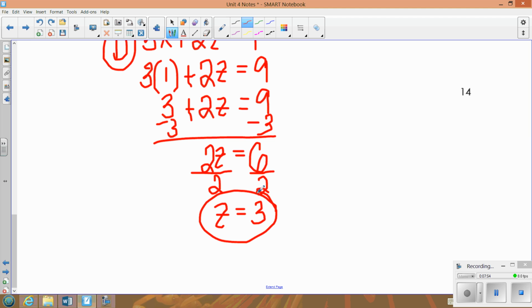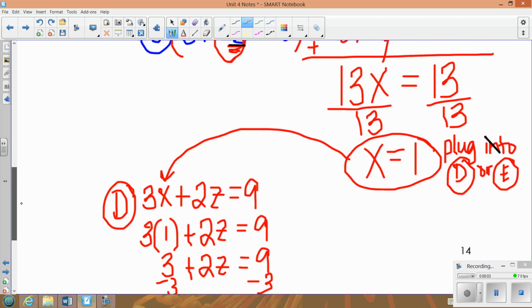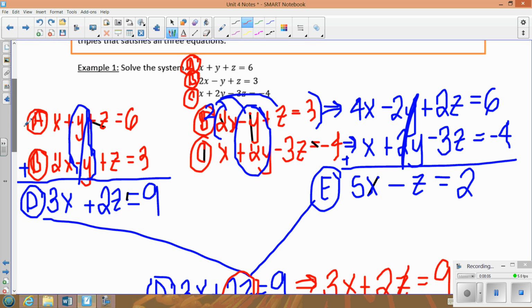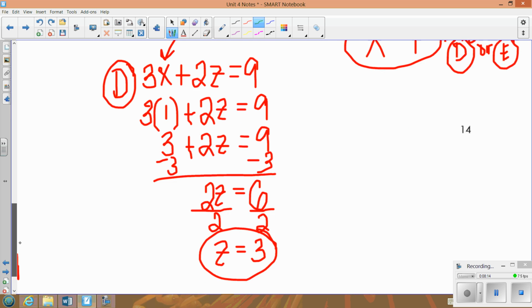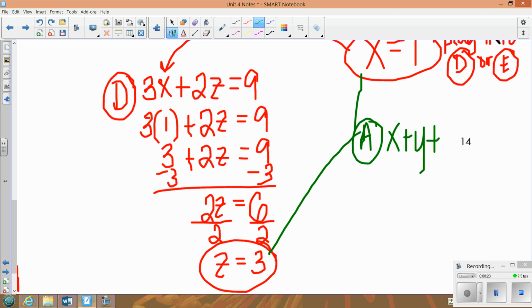Now that I have z equals 3 and x equals 1, I'm almost done because I can now figure out what y is since I know x and z. So I can figure out y by going back up here and plugging into one of these three equations. It's probably easiest to plug into that first equation. So let me plug into equation A, which is x plus y plus z equals 6.